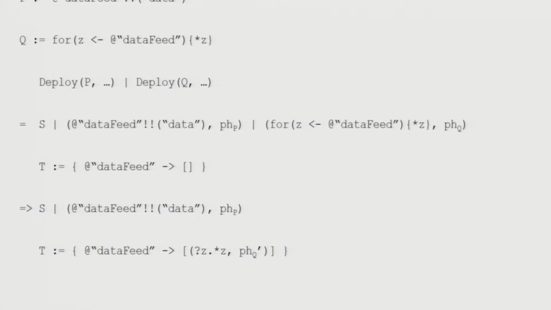And we'll see that we have a very natural way of propagating along through the program trace the portions of computation which originated from the deployer's original computation. So let's see an example of that. Assuming again that @data feed is empty, and this time assuming that Bob's program, the read, executes first, well, that's going to put a continuation, which is for(z <- @data feed){*z}.